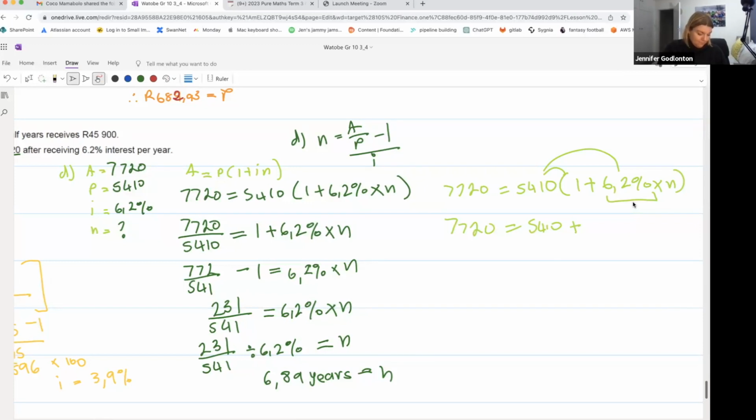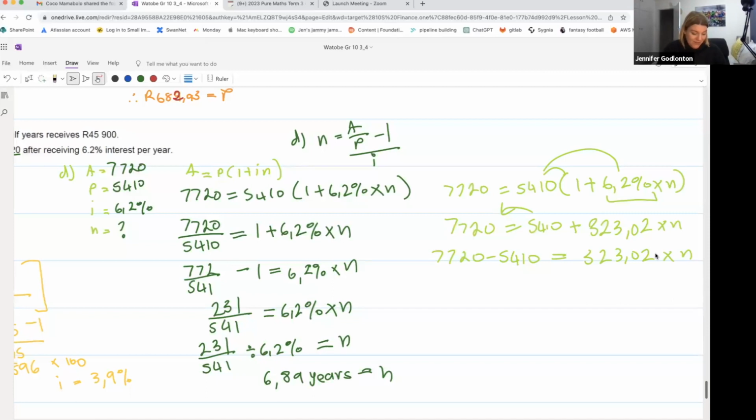6.2%, which gives us 323.02 times n. Then I can move over my 5,410. So we can say 7720 minus 5,410, and that would be equal to 323.02 times n. You can just minus that as you go.